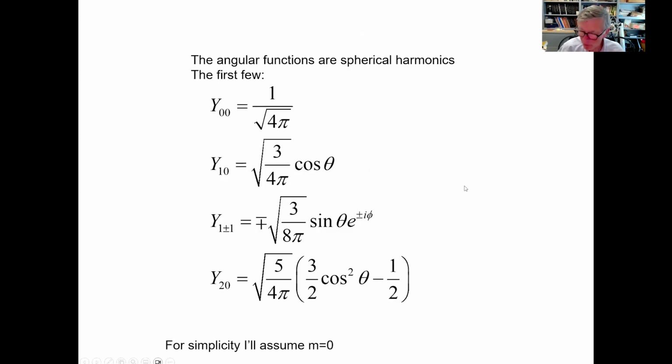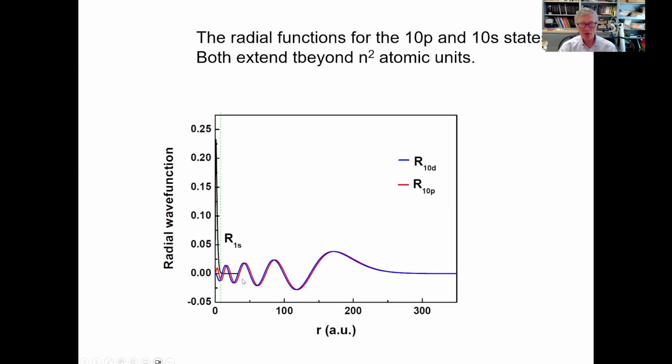Okay, so the first few spherical harmonics are shown here. They're basically functions of order 1. The ones that have L even are symmetric if I take theta through 180 degrees, whereas the odd ones are not. They go to minus themselves. And the radial functions look like this.